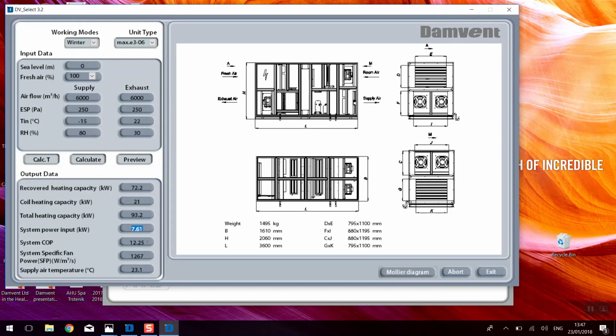And then we provide the correct value for the system COP. Below that you can find the SFP factor for the unit, and last but not least, in our opinion, the most important parameter for every solution for fresh air: this is the supply air temperature.